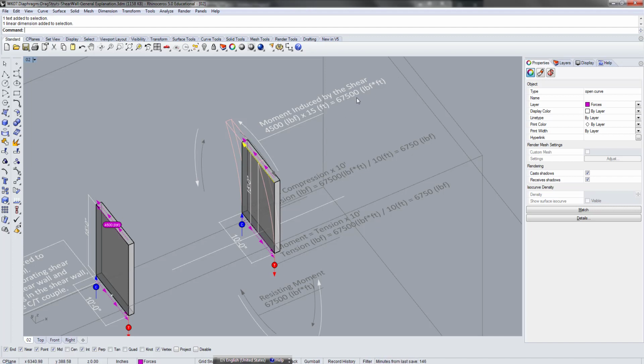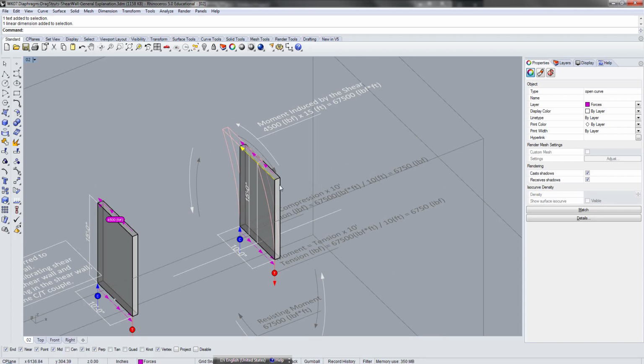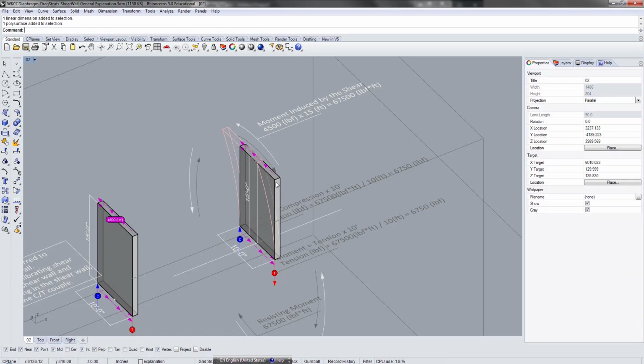And again, the important thing to remember: the unit for moment is always pound force feet, or pound force inch, or pound force foot. Always a unit of force times a unit of length. So we need to equilibrate that moment in this wall in order for this wall not to rotate, right?